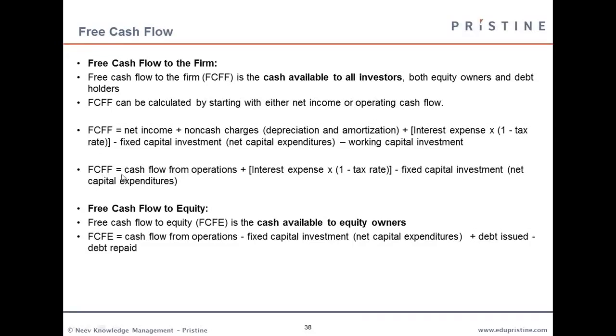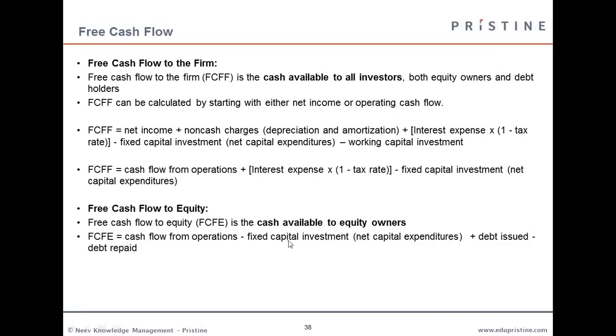To calculate FCFF, we have the simple formula: cash flow from operations plus interest expense times (1 minus T). This is to take care of the tax benefit that you get, and you subtract the fixed capital investment to get the FCFF.